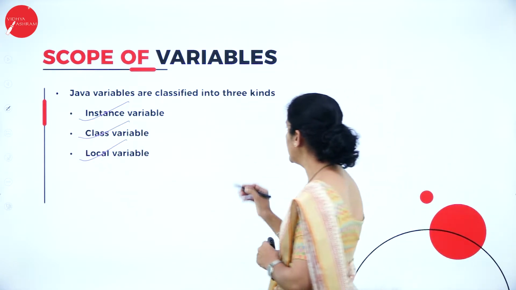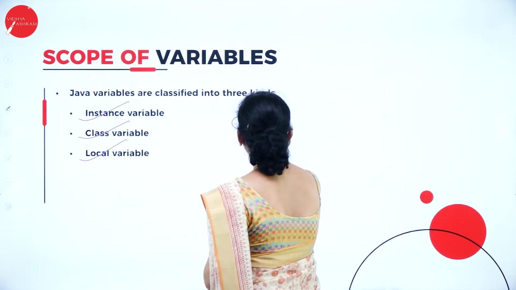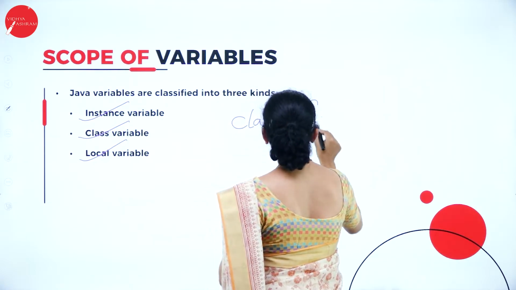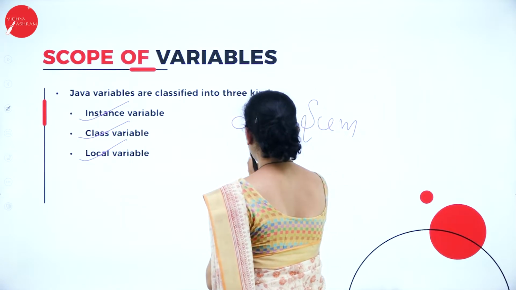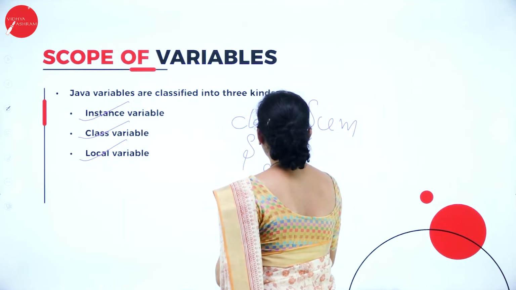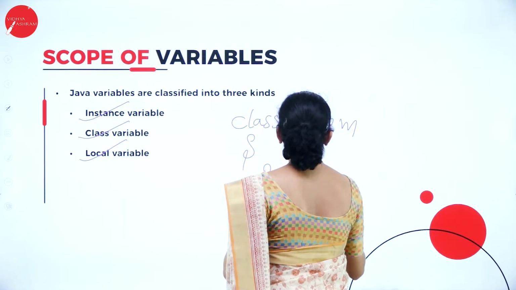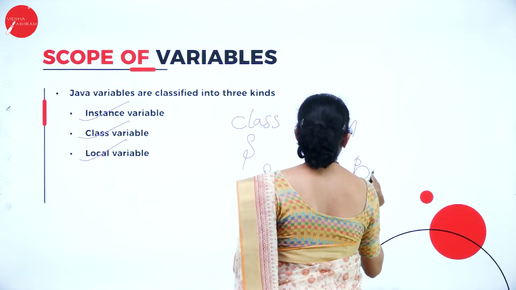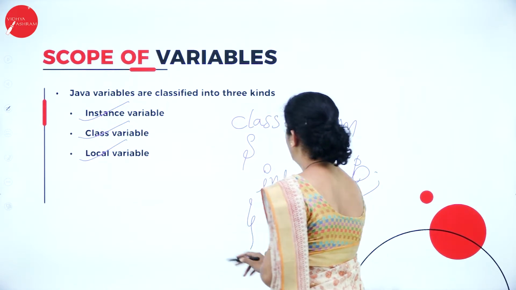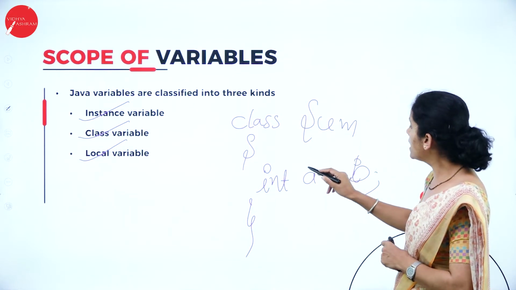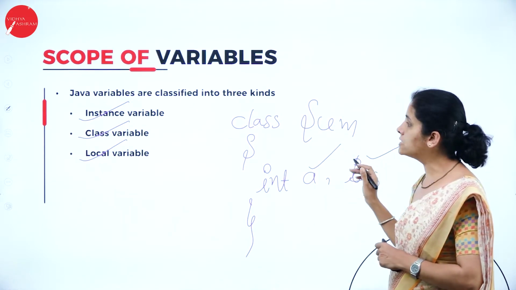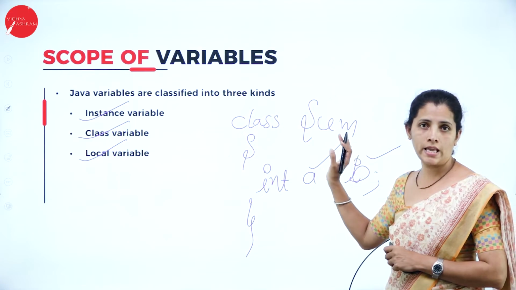Let me consider an example here. Class sum. Inside this, if I write int A, int B. Now, these A and B are the example for class variable.